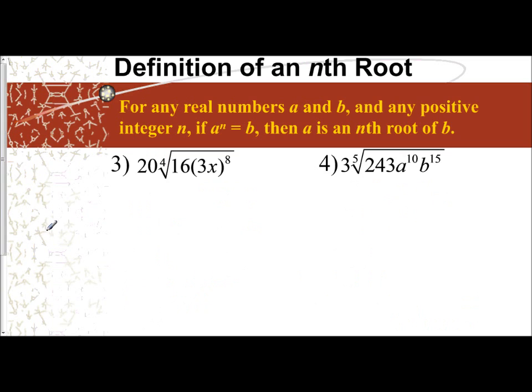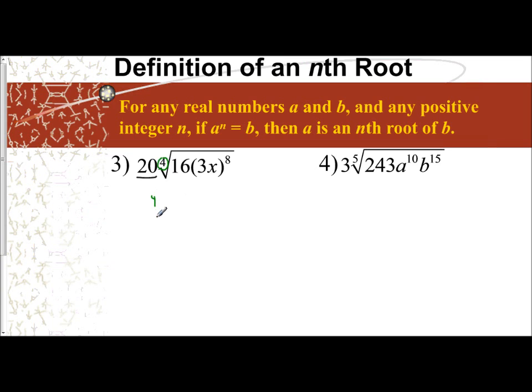Number 3, we now have a number on the outside, 20 times the fourth root of 16 times the quantity 3x to the 8th. So let's focus on this. That 20 is going to be multiplied at the end. I'm going to keep that for the end. Make a note, I'm taking the fourth root, which means I'm looking for sets of 4.